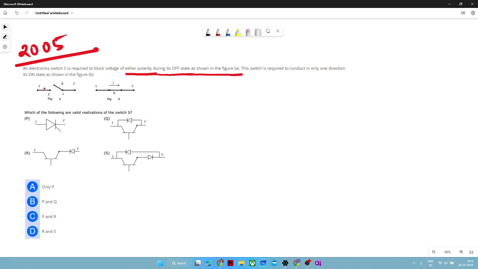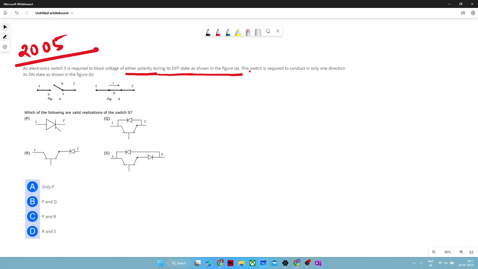This statement means that it should block both polarities of voltage, so we need to pick the devices out of these four options which will block both polarities of voltage.